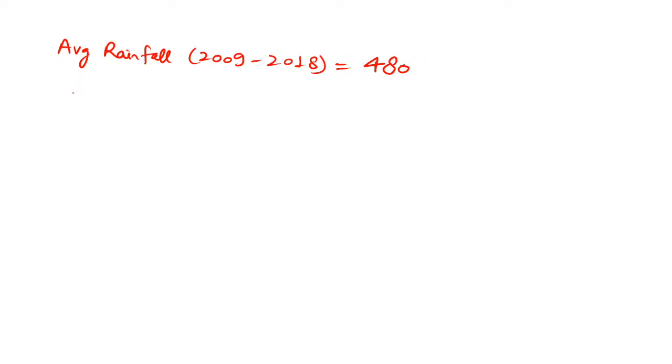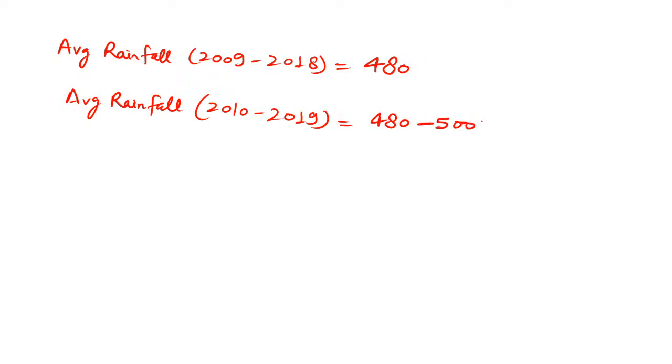So can I say the average rainfall from 2010 to 2019, that means LPA of 2019, will be what? Notice one thing. The original average was 480. From this, we will remove 2009 and include 2019, isn't it?